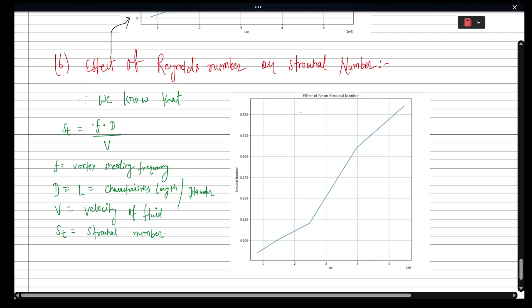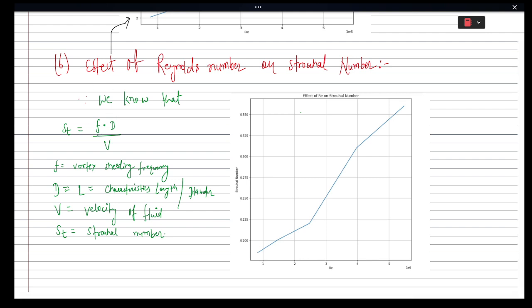The formula of the Strouhal number is St = f·D/V, where f is the vortex shedding frequency, D in our case is L, the characteristic length, V is the velocity of the fluid, and St is the Strouhal number.